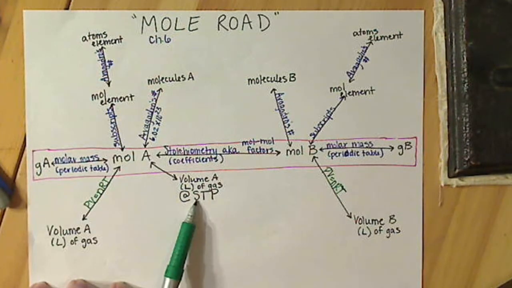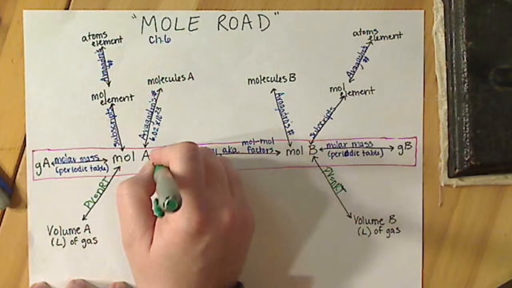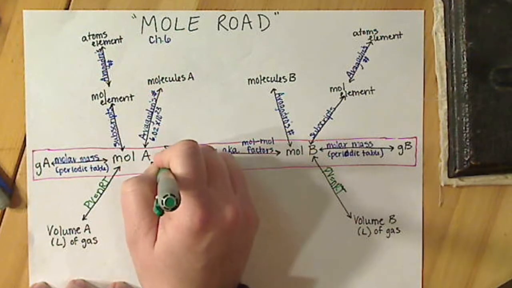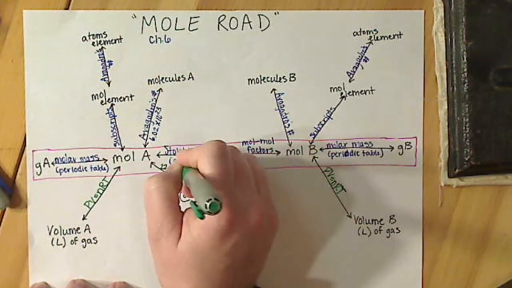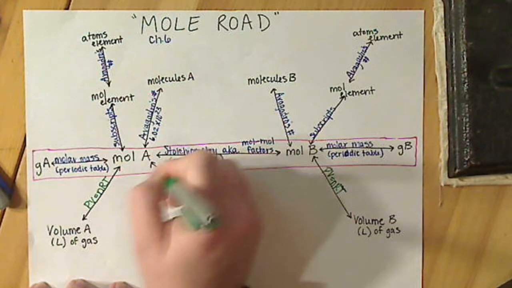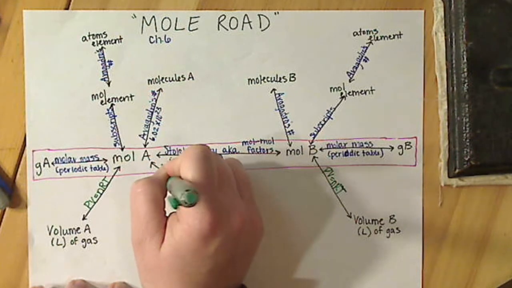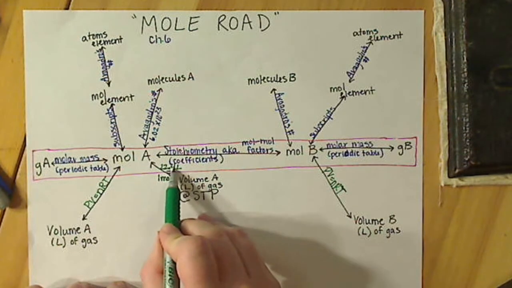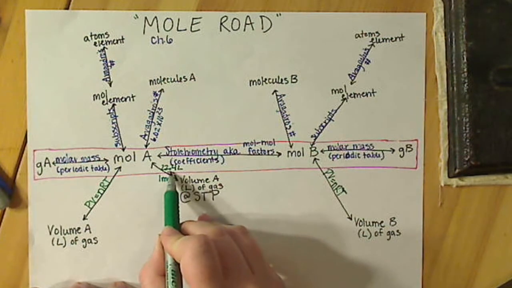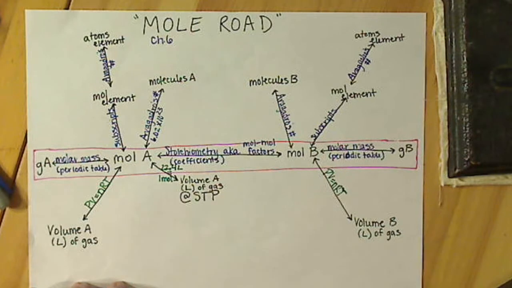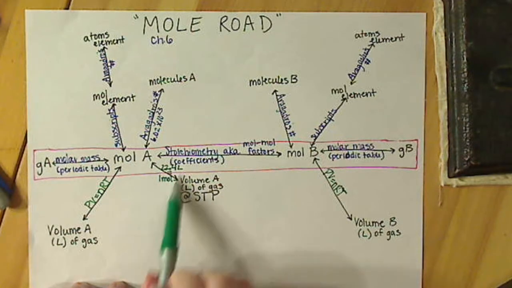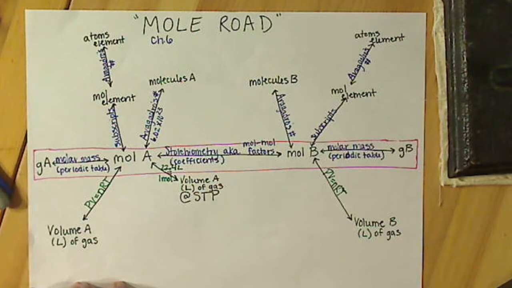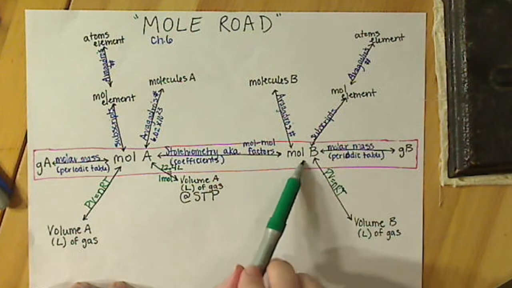If we are at STP, we can use the molar volume: 22.4 liters is equal to 1 mole. That's our molar volume of a gas. Same thing over here.